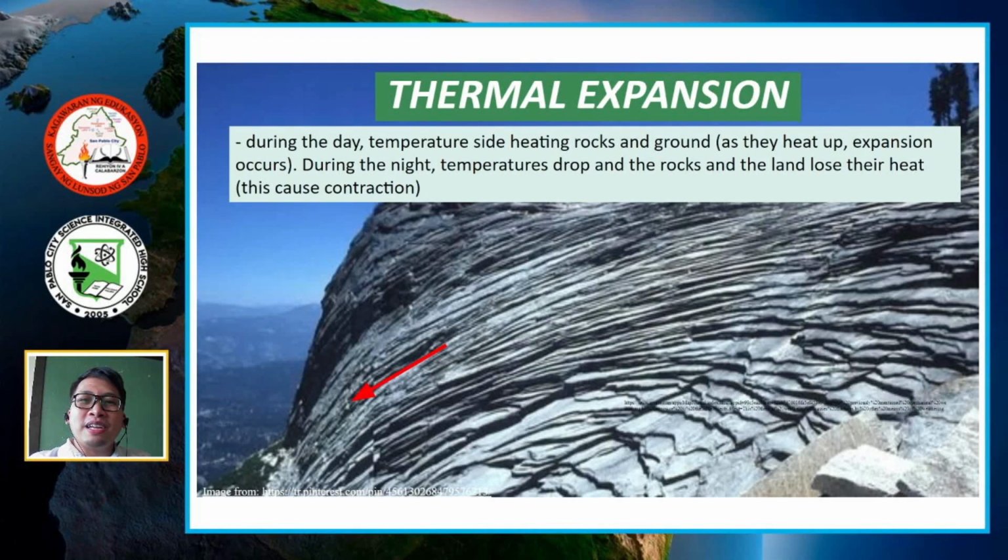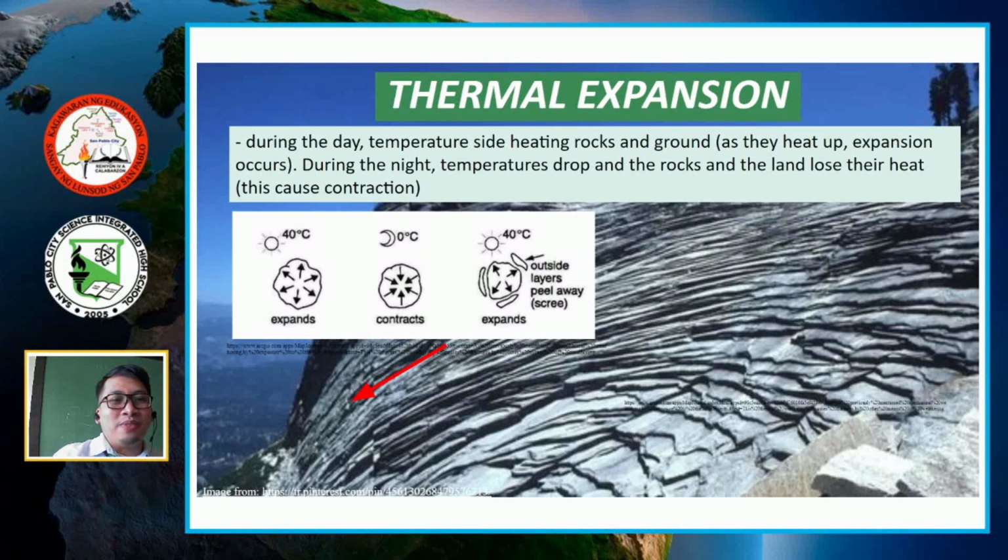Kabaligtaran naman kapag nagkaroon ng mababang temperature. So kapag mababa naman yung temperature, ang tendency naman ng mga molecules natin ay mag-contract. Nagko-contract kapag malamig, nag-expand kapag umiinit. So what is this thermal expansion at paano nagkakaroon ng weathering using this? So let's say we do have here a rock.